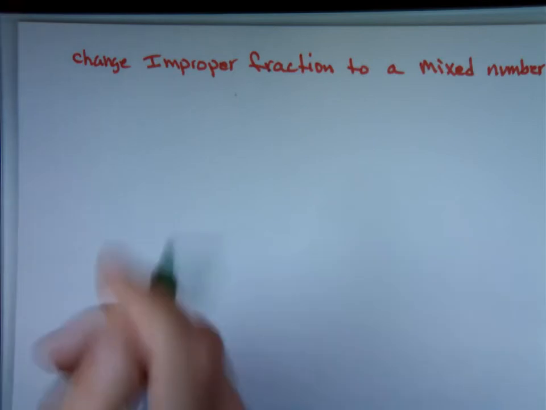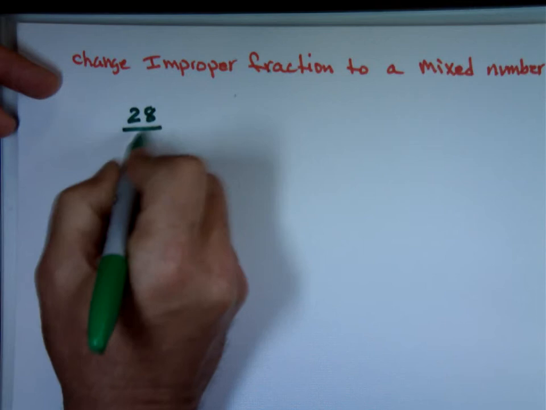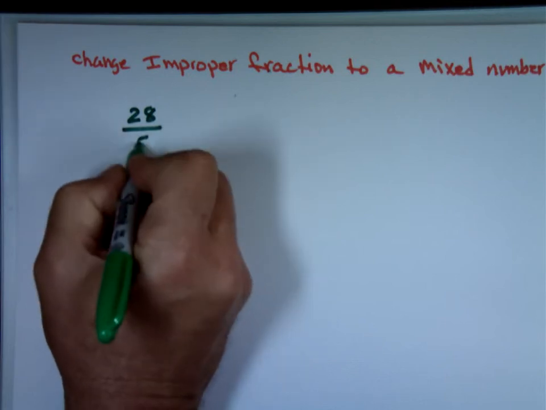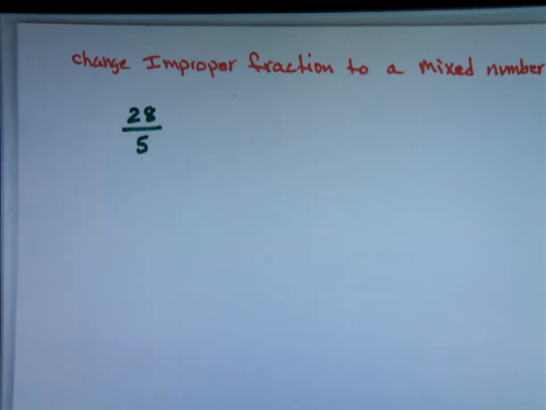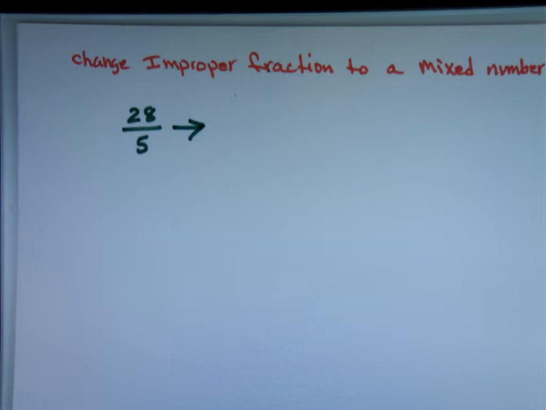This is an improper fraction. 28 over 5. I want you to change that to a mixed number. Any idea? How?